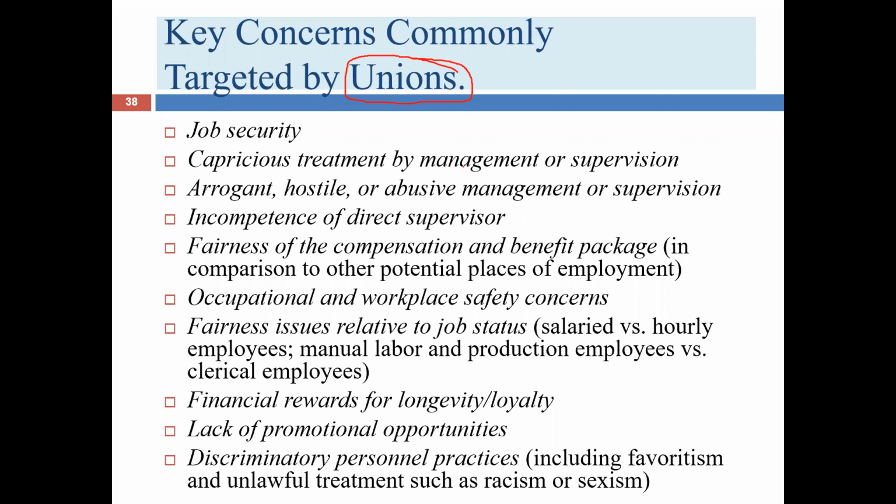So the union isn't going to be able to insist that the supervisor be replaced. I mean, they can say that, but they have no ability to affect that. And the union can't train the supervisor. So some of these concerns, even though they are oftentimes the focus of the union campaigns, are actually areas that the unions don't have a tremendous amount of control. The union can't force people not to be arrogant.